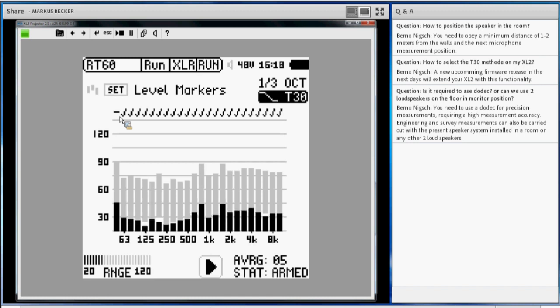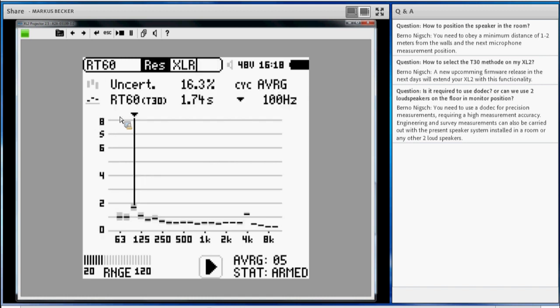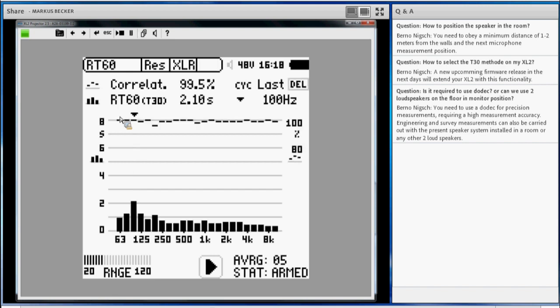Now we can toggle the screen on the XL2, and this is, by the way, also possible during the measurement. Here we see the result that we have acquired. By moving the cursor to the cycle button, we can investigate the individual results from each cycle. The last one, the first one, second, third, fourth.